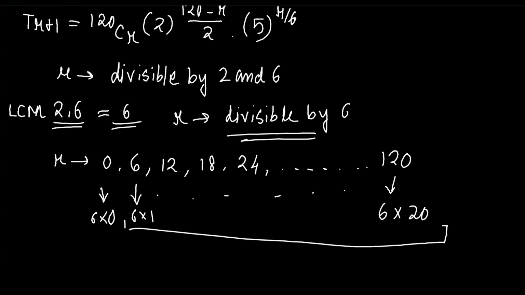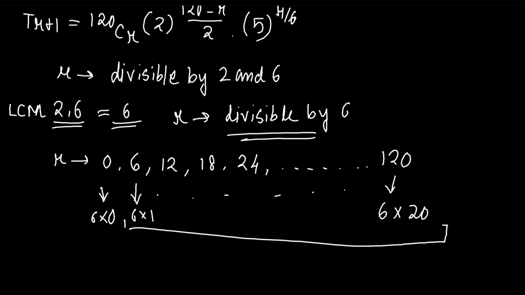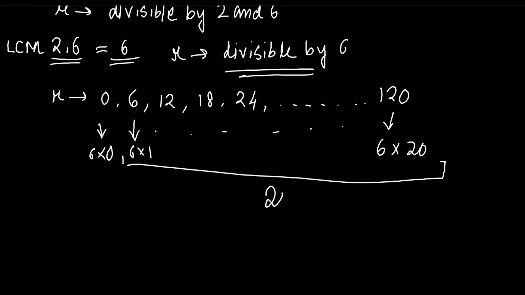And there is another term, that is 6 into 0, so this is also a term. So the total number of integral terms is 20 plus 1, that is 21. So this is our answer.